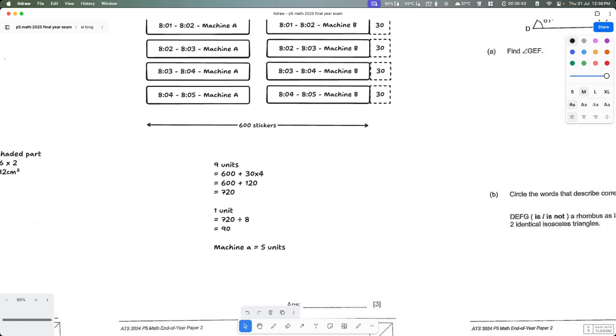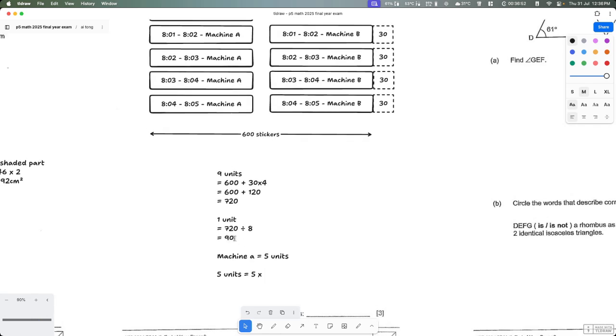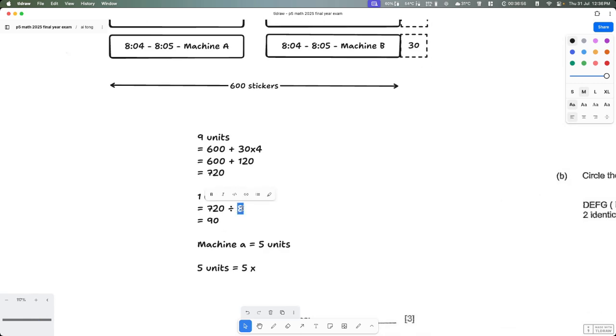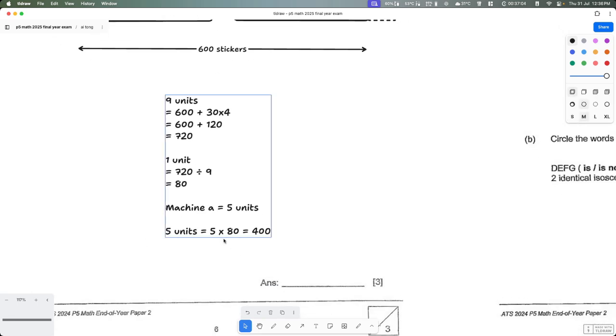And 5 units is equal to 5 times 80, and this will give you 400. Okay, always double check your work. And there you go. The answer is 400.